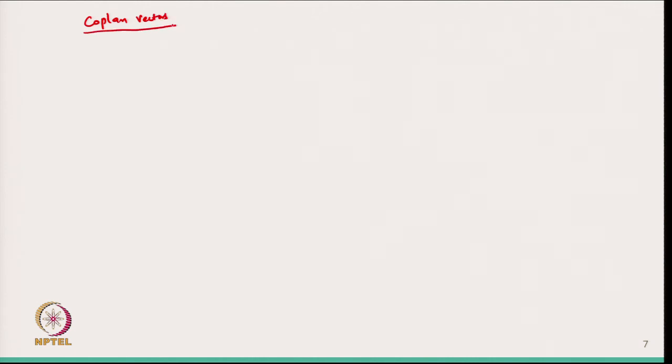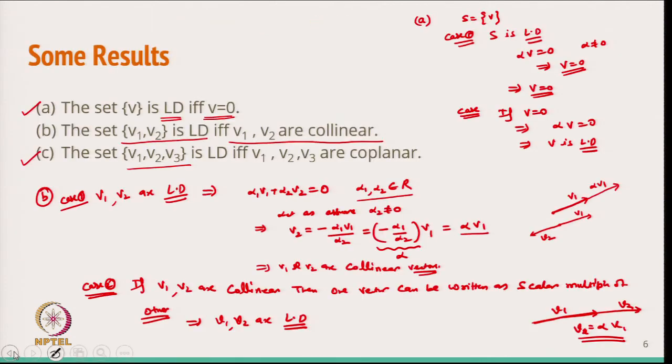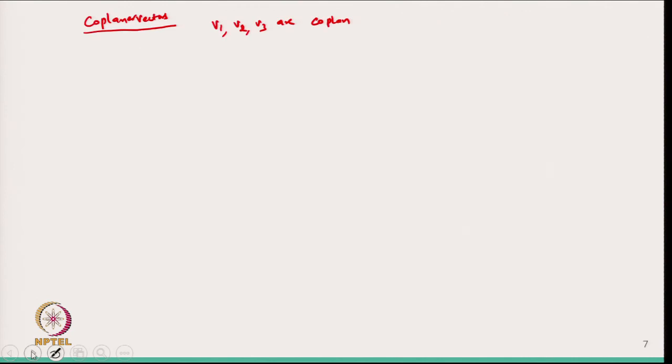So, in the coplanar vectors, we know from the definition of coplanar vectors, so I am taking V1, V2, V3. It is given that V1, V2 and V3 are coplanar vectors.